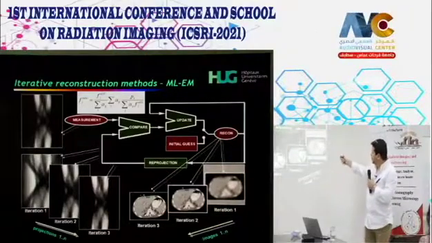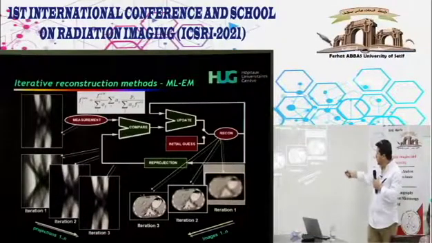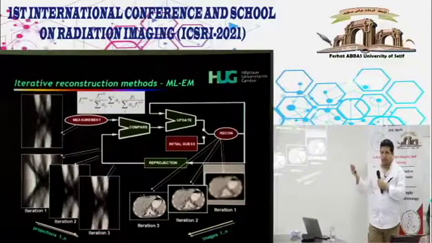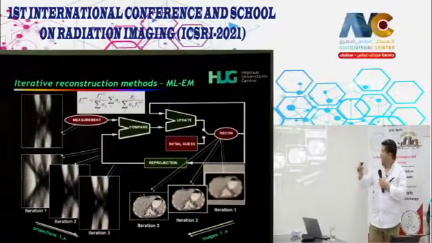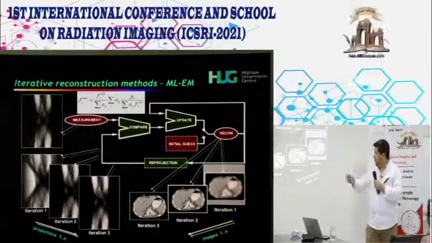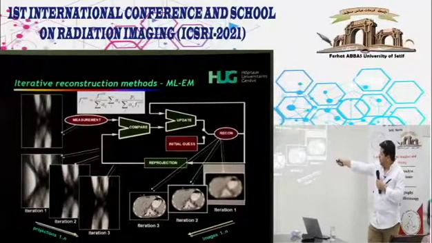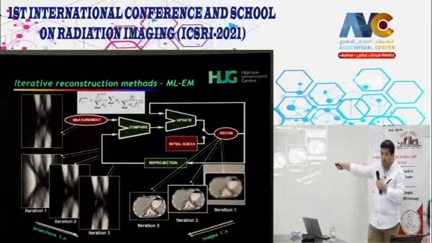The idea is to generate projections artificially from an initial guess, all right? That's what we call iteration number 0. By convention, we start with a uniform cylinder. So we generate artificial projections, and there is a correction mechanism which compares the measured projections with the artificially generated ones.